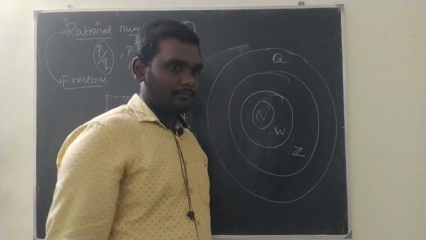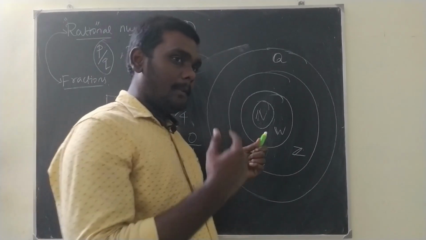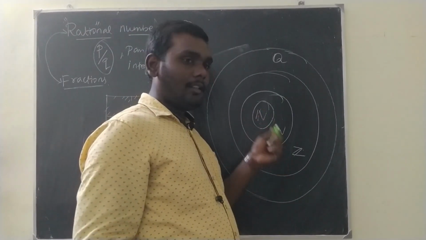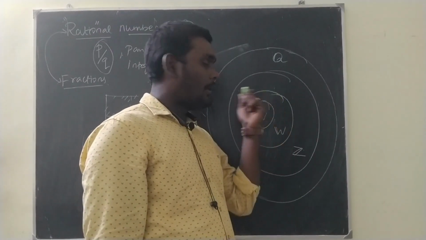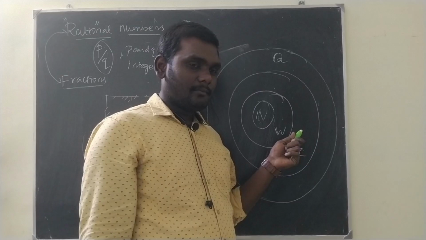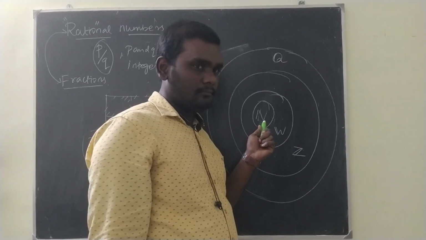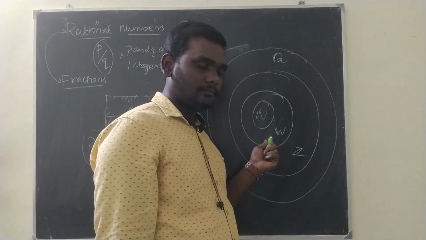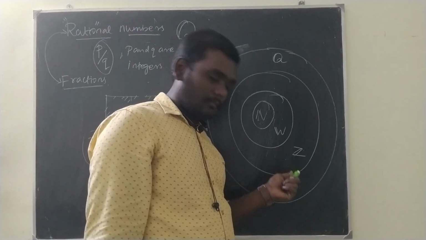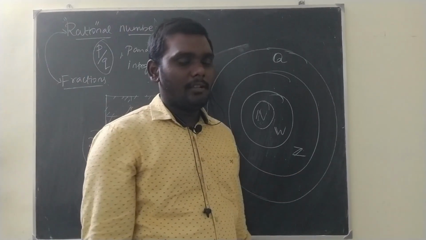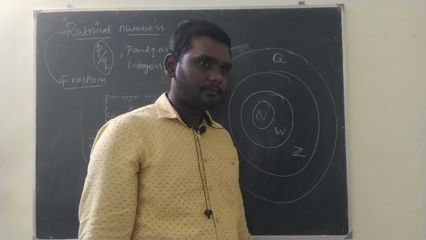Those are not there. Like 2 and 3, but the numbers in between 2 and 3, like we worked out 2.5, right? Is 2.5 a natural number? Whole number? Integer? That is a rational number. Okay, clear?